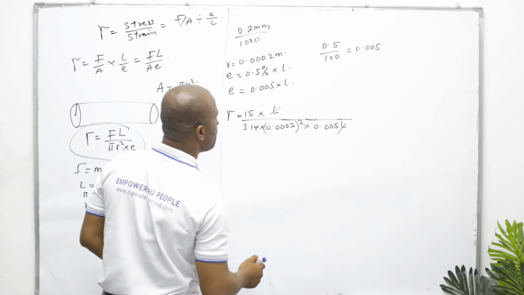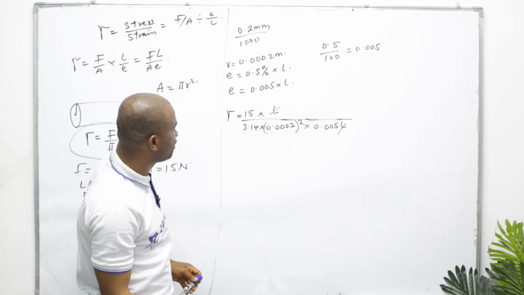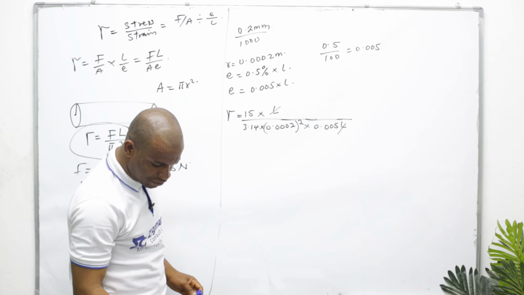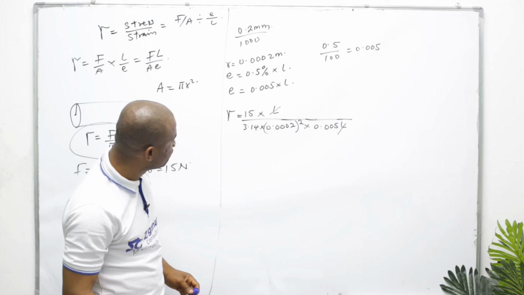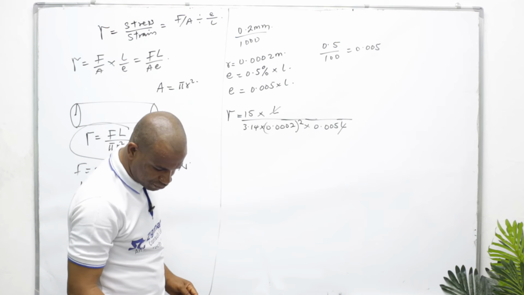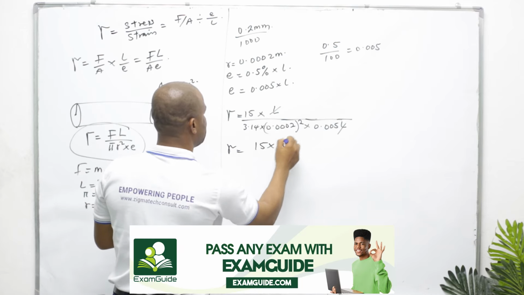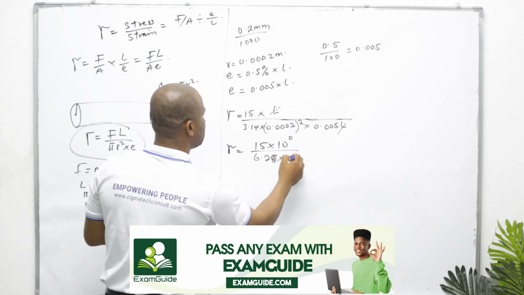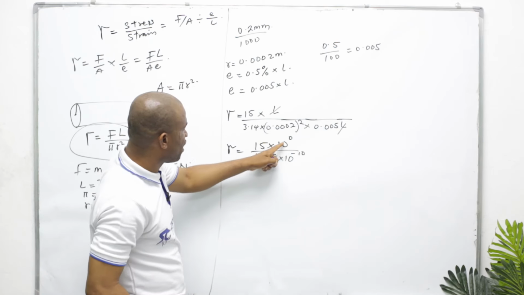Squaring this, okay, let's just use our calculator to reduce the time. Okay, this is going to be 3.142 times 0.0002 squared times 0.005. Alright, this is going to be 15 times 10 raised to the power 0 all over 6.28 times 10 raised to the power minus 10. You know why I said times 10 raised to the power 0?